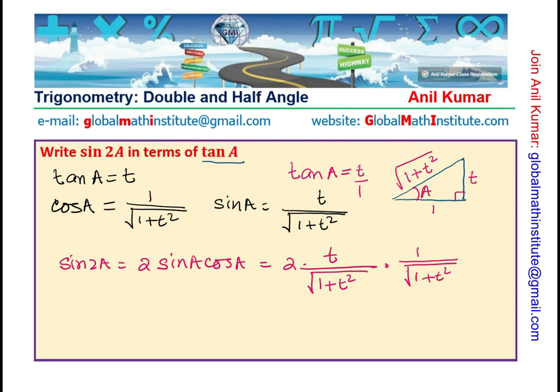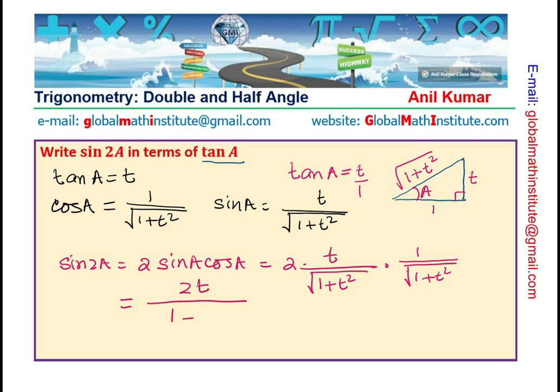Now 1 plus t square, 1 plus t square, when you multiply, you get 1 plus t square, right? So this is equal to 2t over 1 plus t square. Correct? Now, what is t? As you know, t is tan a. So we get 2 tan a over 1 plus tan square a.